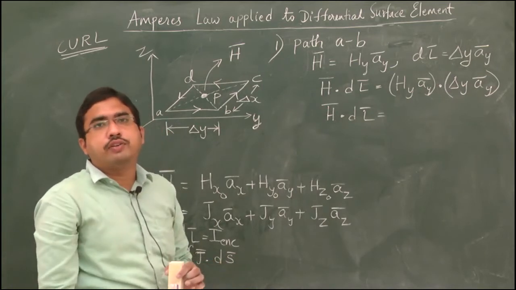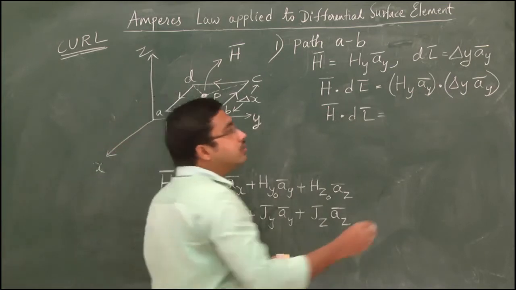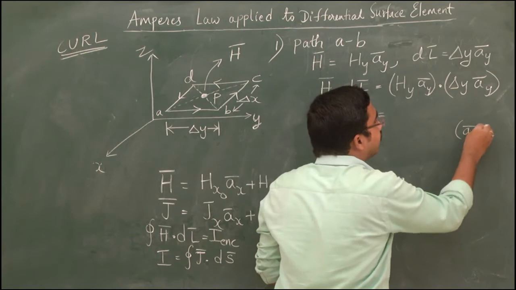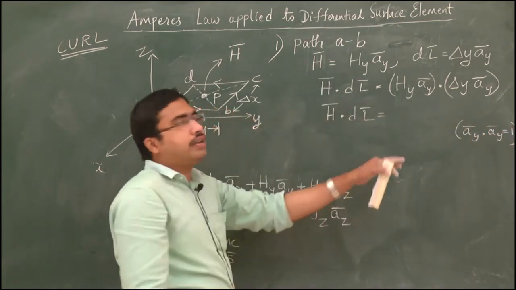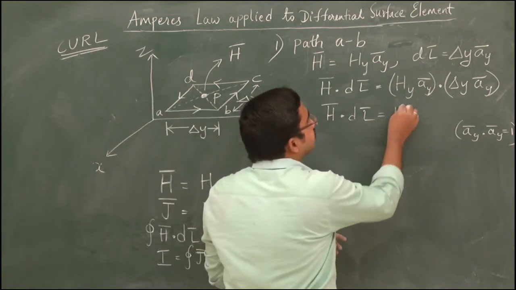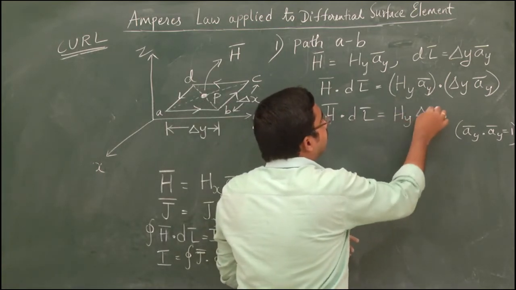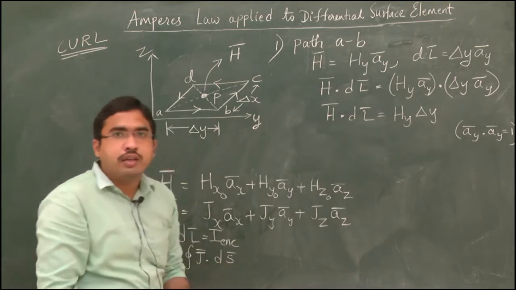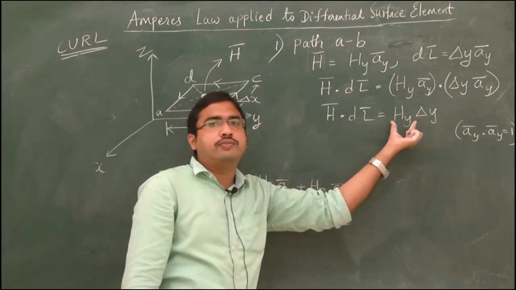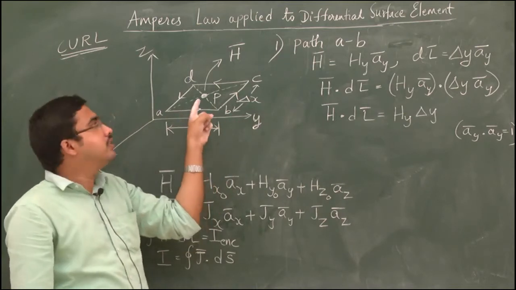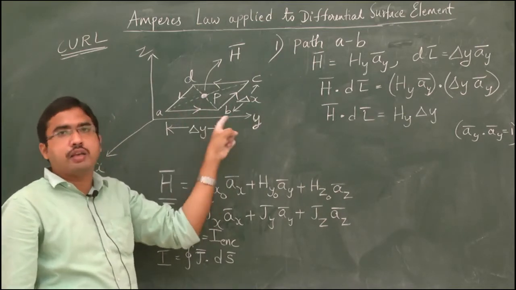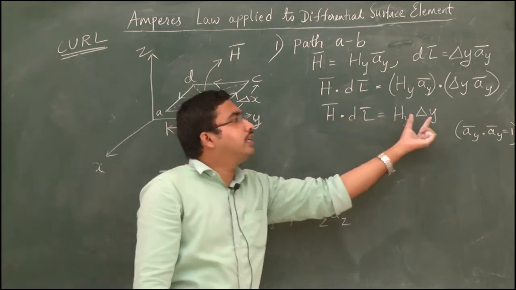The dot product of two similar unit vectors is equal to 1, so ay dot ay is 1. The final expression is Hy into delta y. The magnetic field intensity at point P due to this path AB is given as Hy delta y.